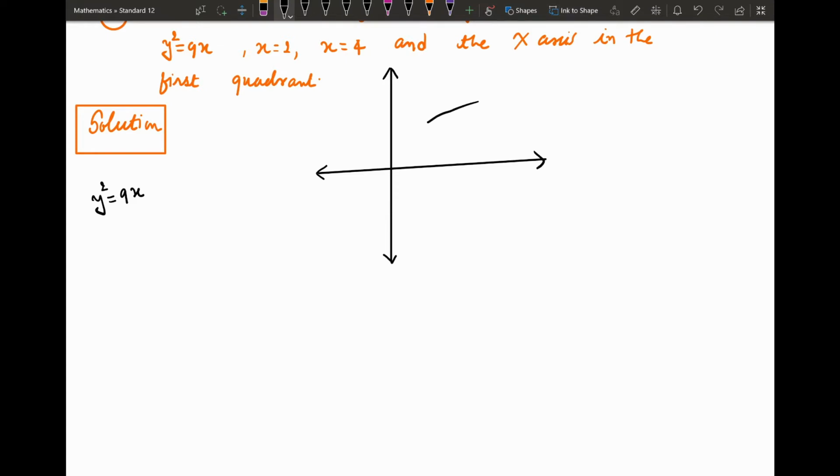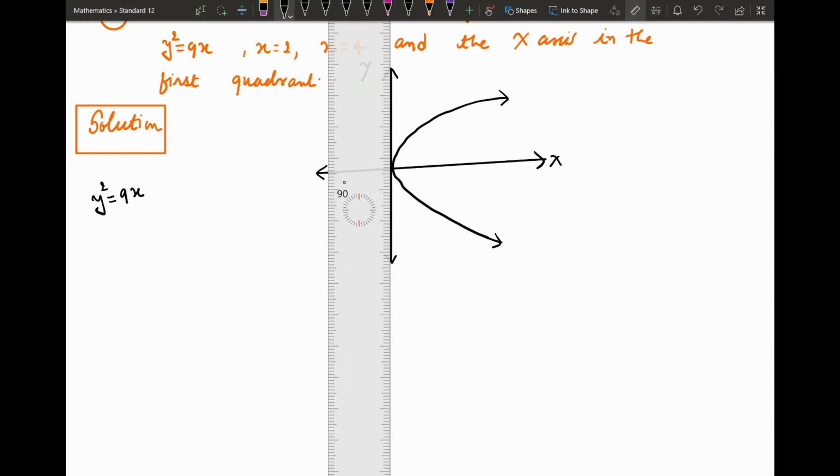So this is the parabola. X-axis, y-axis, y square positive, so x is always positive, so curve lies in first and second quadrant.